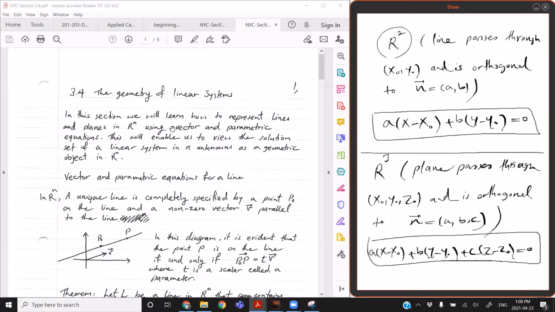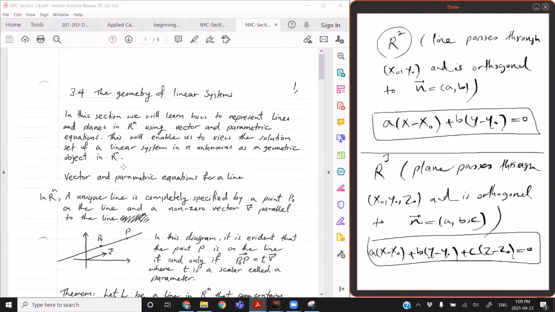So in this section, we will learn how to represent lines and planes in Rn using vector and parametric equations. This will enable us to view the solution set of a linear system in n unknowns as a geometric object in Rn. So you must remember the general parametric solutions for linear systems.